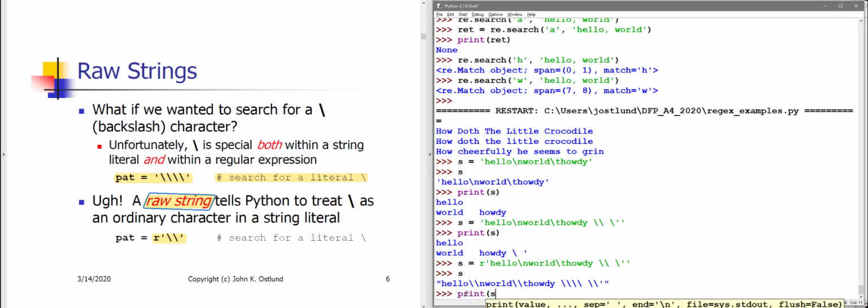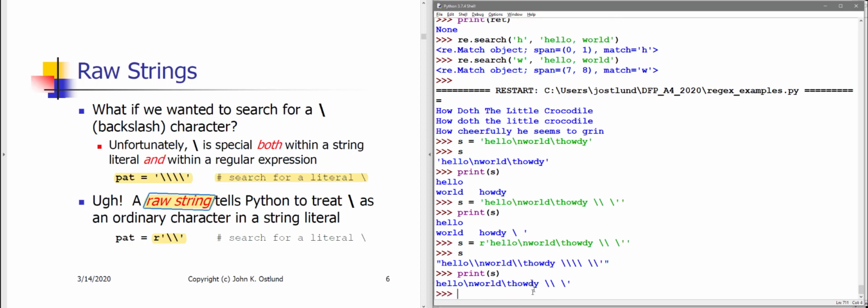But if I print s, what I get out is a literal backslash and an N rather than a new line character, a literal backslash and a T rather than a tab character, then 2 literal backslashes and a literal backslash and a quote.